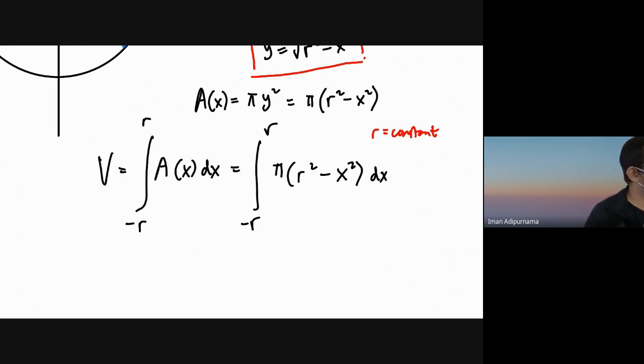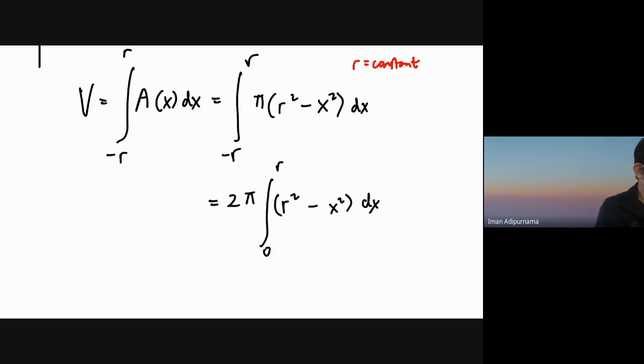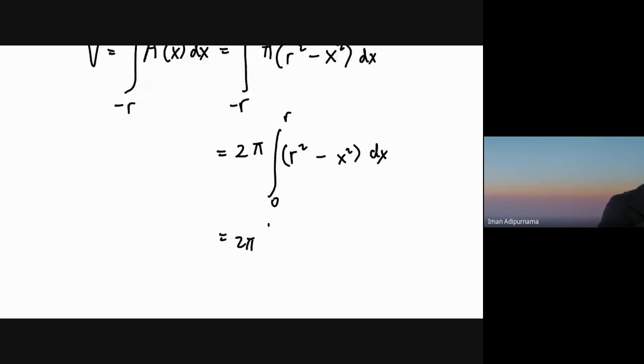Now, because of the symmetry, we can also write, pi is also constant, we can take it outside, and integrate from 0 to r of r squared minus x squared dx. We integrate r squared to become x r squared minus 1 over 3 x cubed from 0 to r.